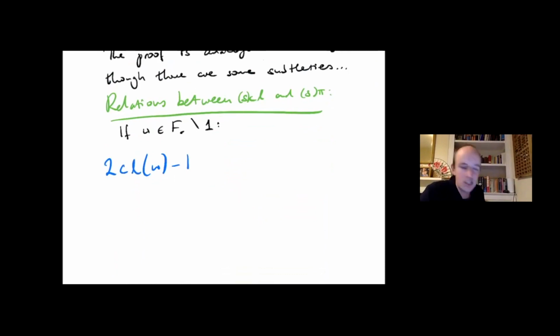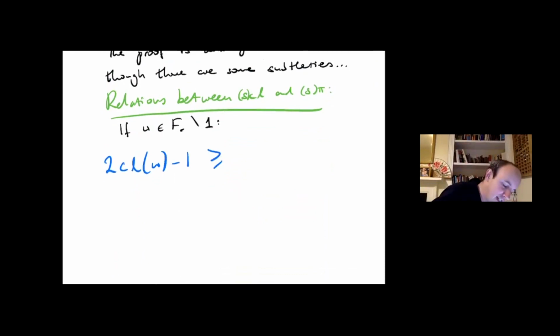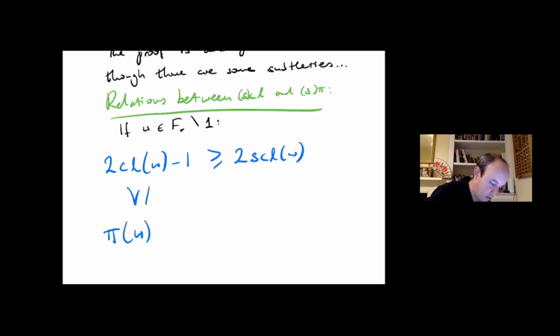It turns out that is always at least twice the stable commutator length of W. And it also turns out that that is always at least the primitivity rank of W minus 1.